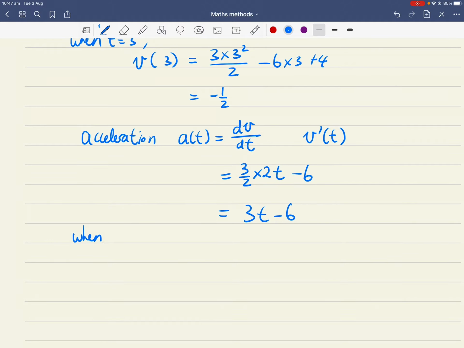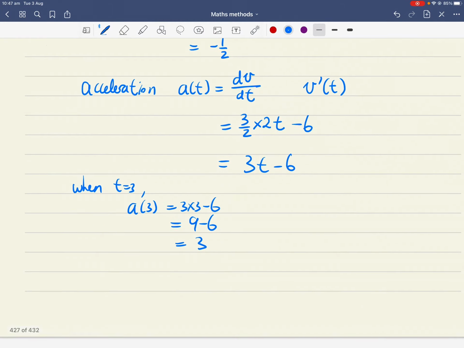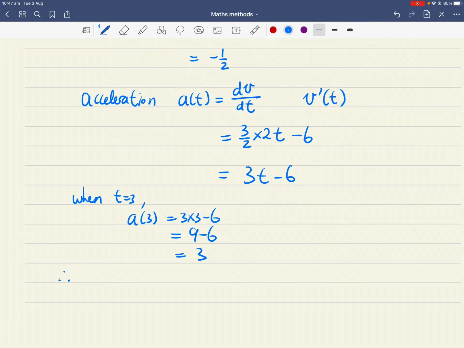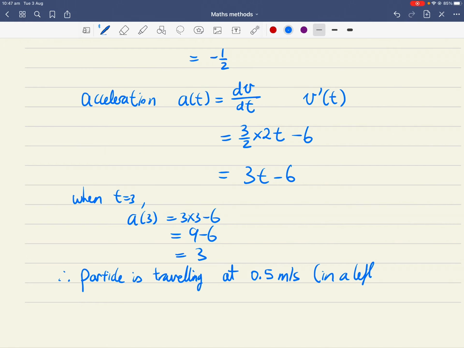So we want what happens when t is 3. So a of 3 is 3 times 3 minus 6, so that's 9 minus 6, which is 3. So therefore, the particle is traveling at 0.5 meters per second in a left direction.